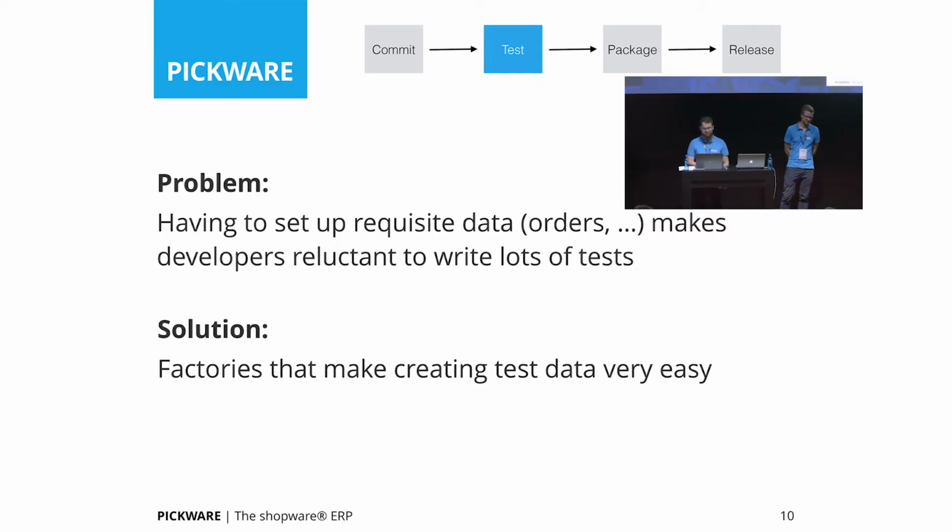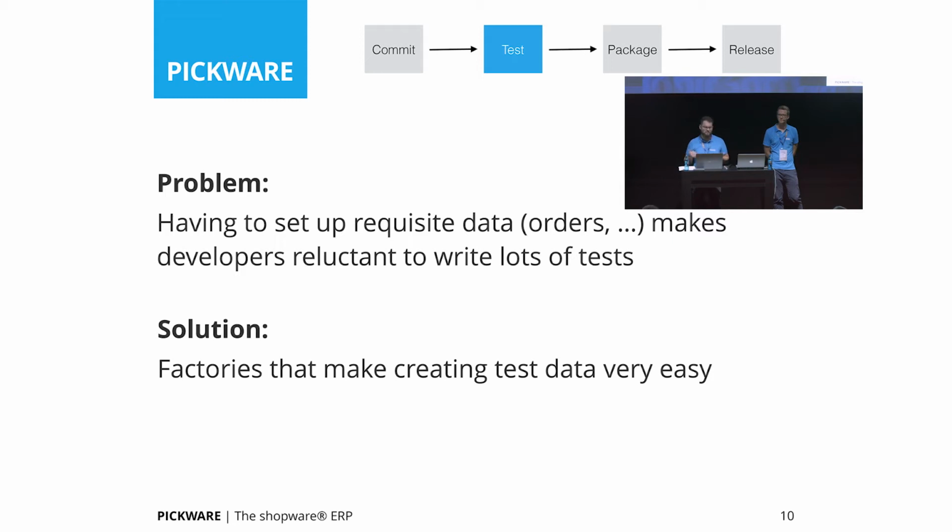testing of plugins. There are some issues with writing automated Shopware plugin tests. We've identified them and we've written our own testing framework to help us write tests more easily. So one basic issue is that you have to have a lot of data prepared in order to actually write meaningful tests.